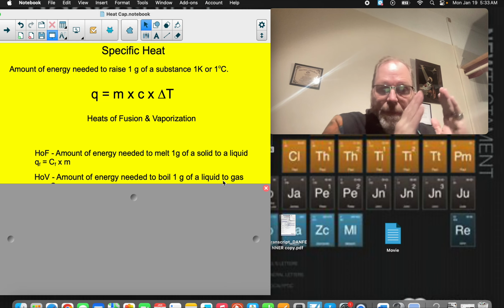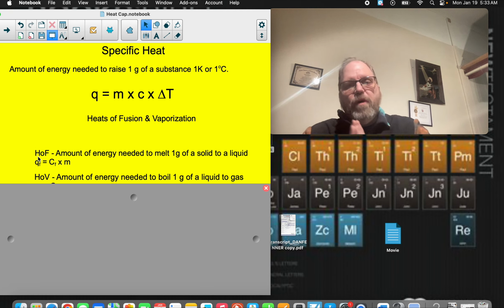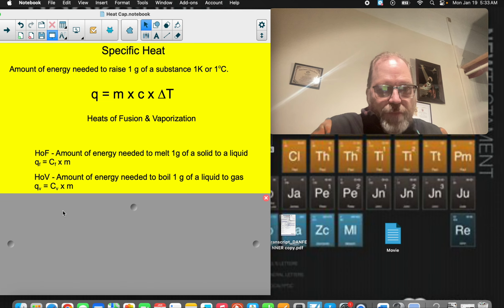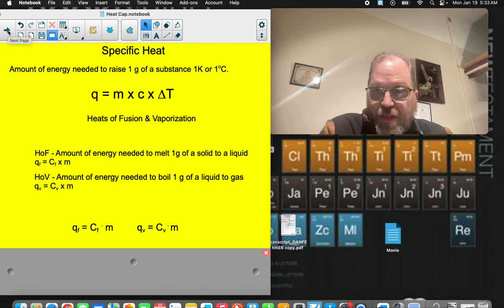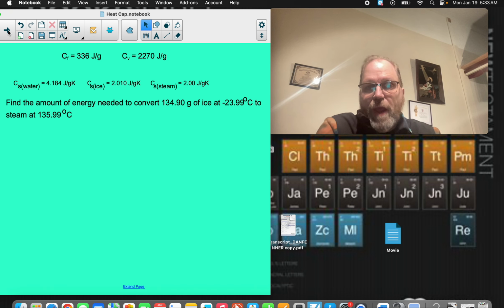Melting goes from a solid to a liquid, boiling goes from a liquid to a gas. Those are our equations: Q of F is equal to C of F times M, and Q of V is equal to C of V times M. If you need to pause the video and write this all down, that's fine. We're going to take one problem and work it through.